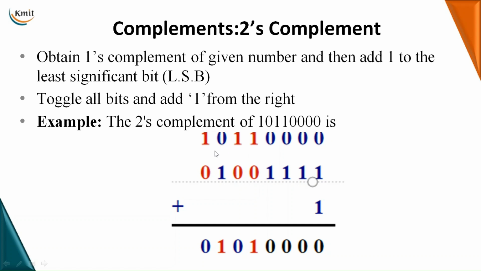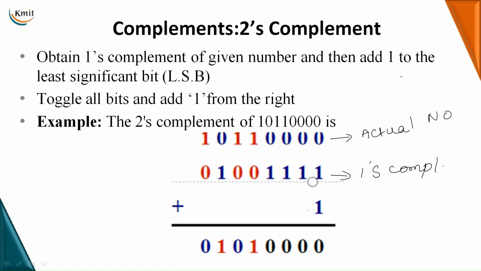So first I am taking the number here, 10110000. This is my actual binary number. For this, I am performing a ones complement. So this is my ones complement. This 1 becomes 0, 0 becomes 1, 0, 0, 1, 1, 1, 1. So this is nothing but the ones complement of the actual number.